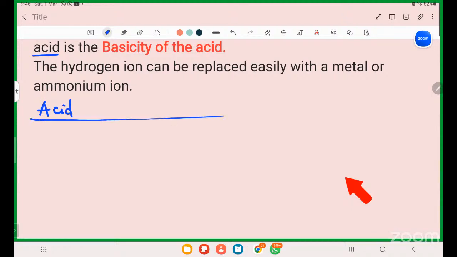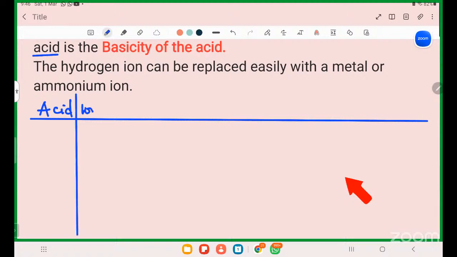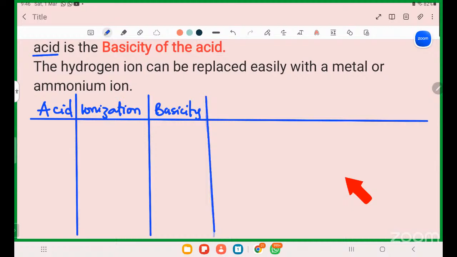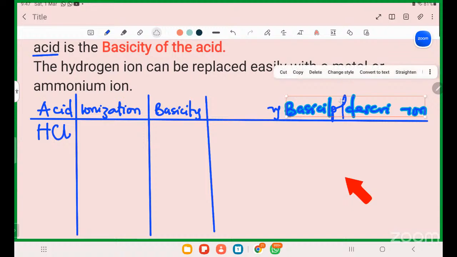So we have the acid, we show its ionization, then we look at the basicity, and then the basicity description. Now, this is hydrochloric acid.